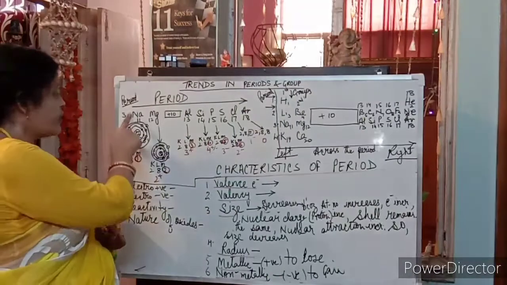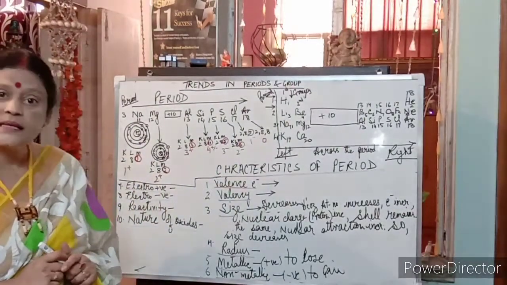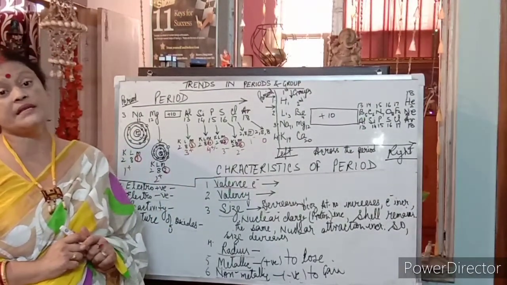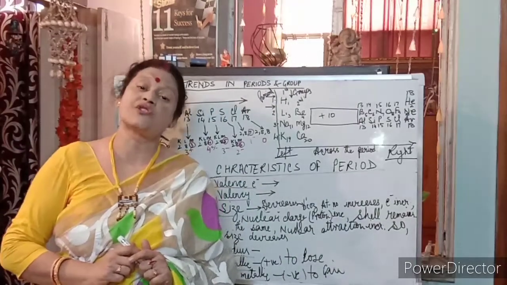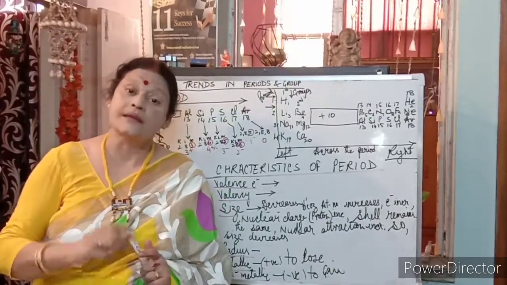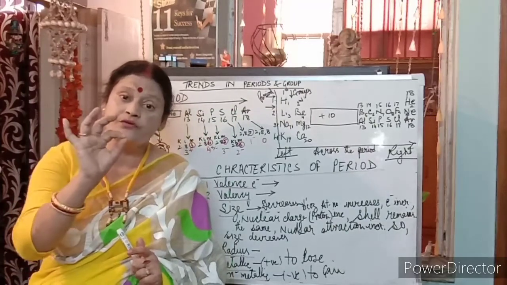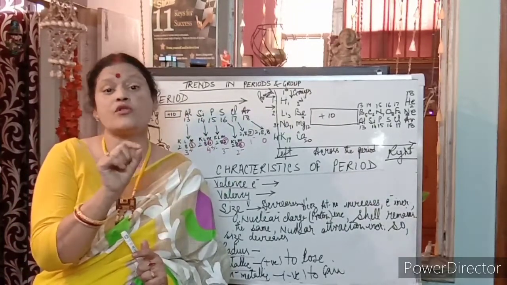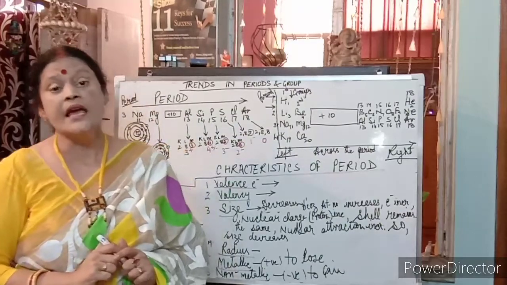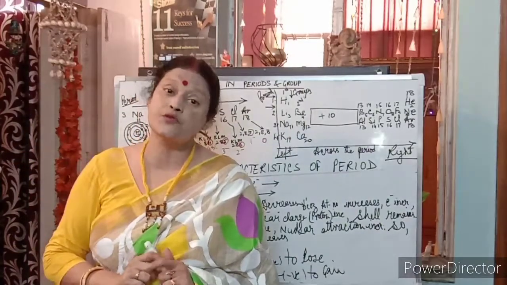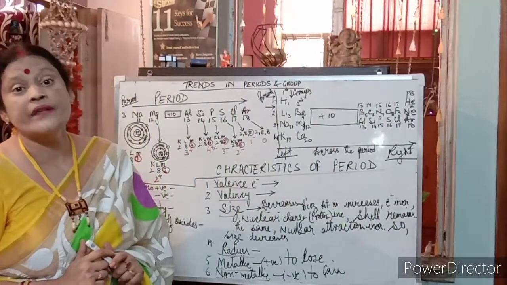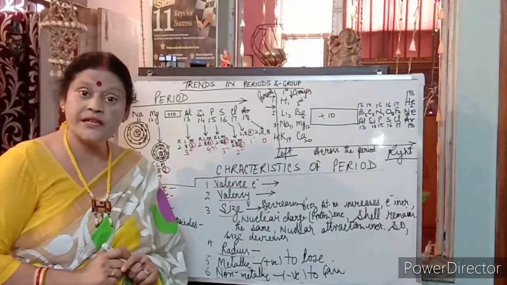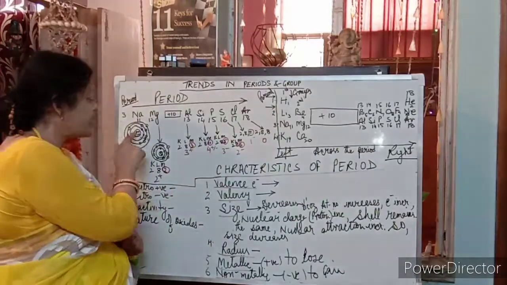Now, according to your syllabus, if I am talking about sodium, this is an atom. It has the nucleus in the center and the K, L, M shells, in which we distribute the electrons. The nucleus in the center contains protons; in 10th class we call it the nuclear charge.